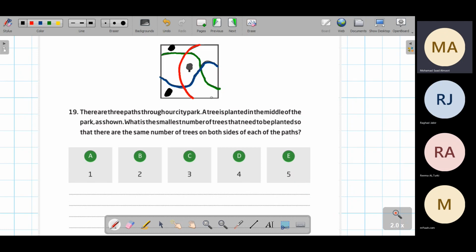I still don't have the same number on both sides. So I put one here. Now let's look if we have the same number on both sides. Let's start with the red line.